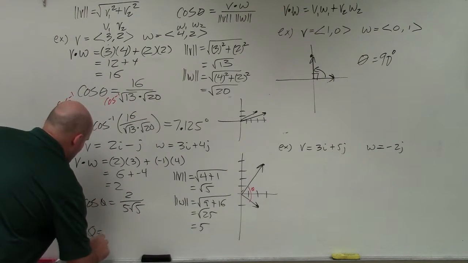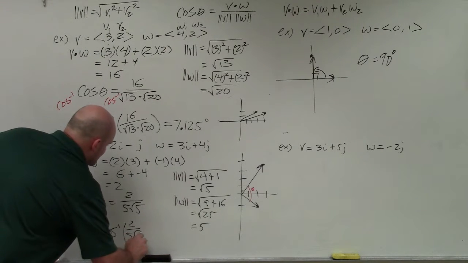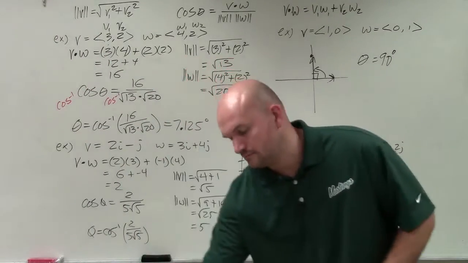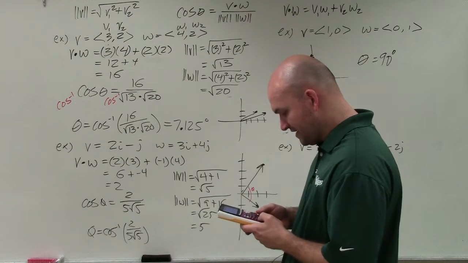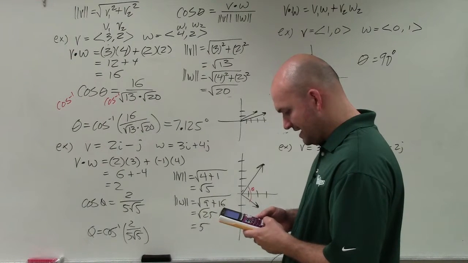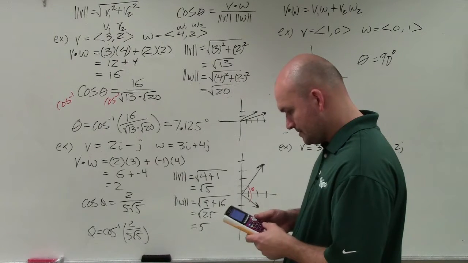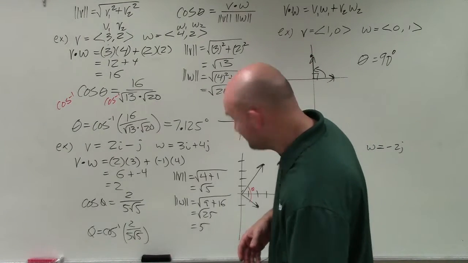So therefore, theta equals cosine inverse of 2 over 5 square root of 5. So then, again, we go back to our calculator. And I type in cosine inverse of 2 divided by 5 times the square root of 5. And my answer is 79.695.